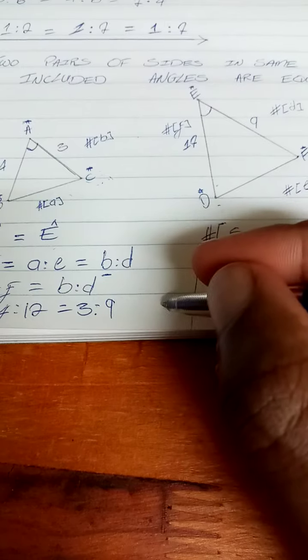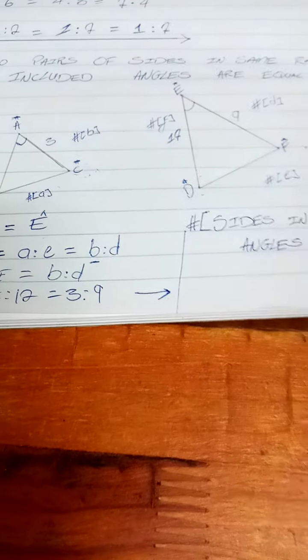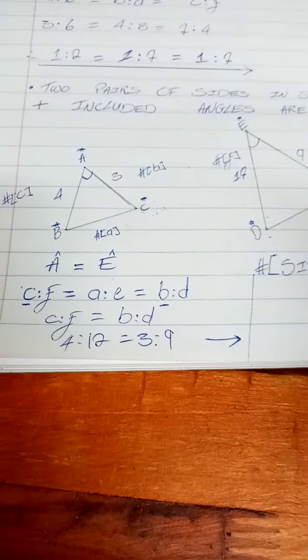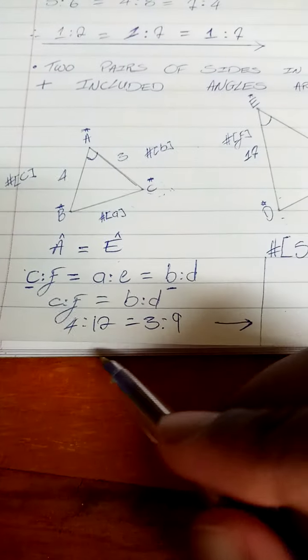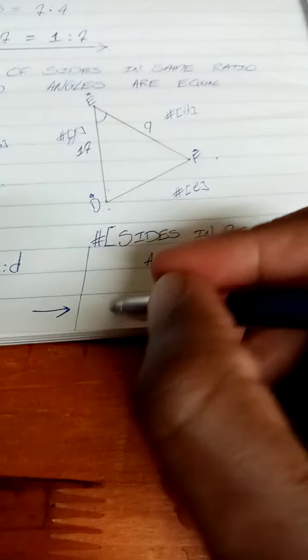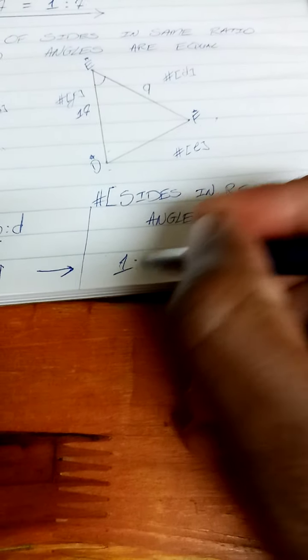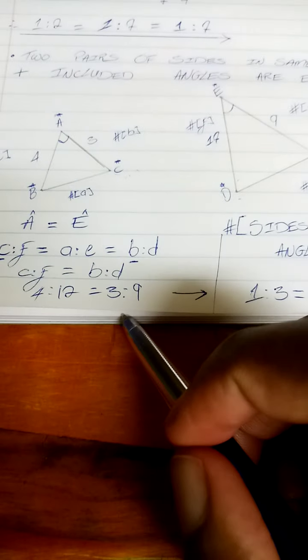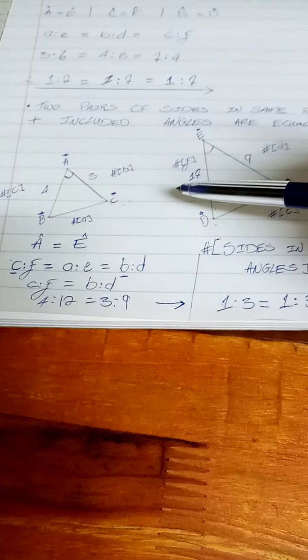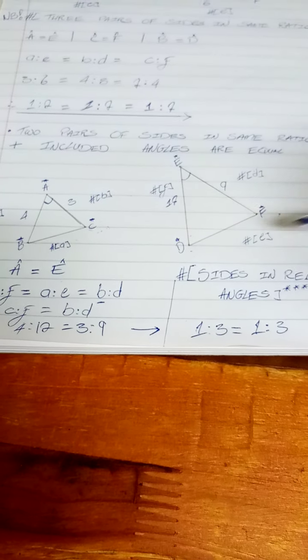So basically, let us put in an arrow, is equal to 4 over 12. So 4 goes in 1 time and goes into 12 3 times. So it is 1 over 3, equals to 3 goes in once and goes into 9 3 times, 1 over 3. Therefore, triangle ABC is similar to triangle EDF.